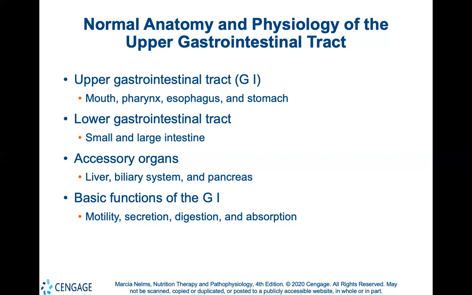Through the process of digestion, complex molecules are converted to their simplest form. Carbohydrates are digested from their most complex forms of polysaccharides to monosaccharides like glucose, fructose, and galactose. Proteins are converted from polypeptides to single amino acids. Lipids are digested to their simplest forms, free fatty acids and cholesterols.